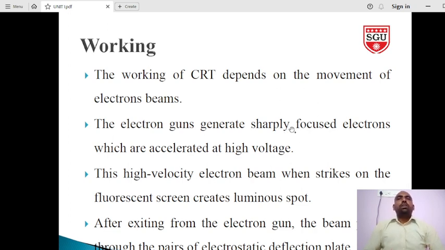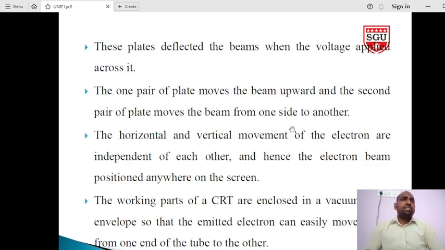Working principle. The working of the CRT depends on the movement of electron beams. The electron gun generates sharply focused electrons which are accelerated at high voltage. This high velocity electron beam, when it strikes the fluorescent screen, creates luminous spots. After exiting the electron gun, the beam travels through pairs of electrostatic deflection plates. These plates deflect the beam when voltage is applied across them.